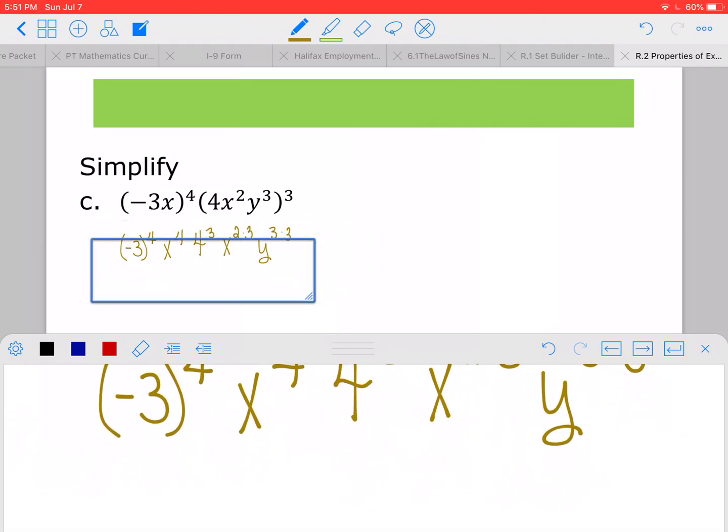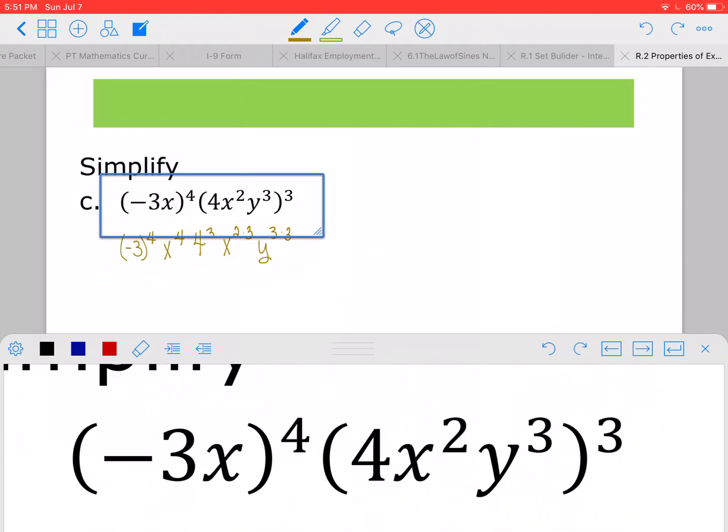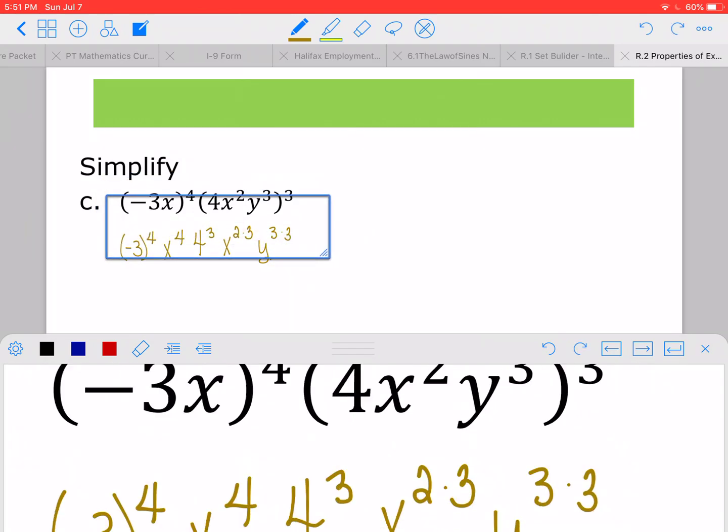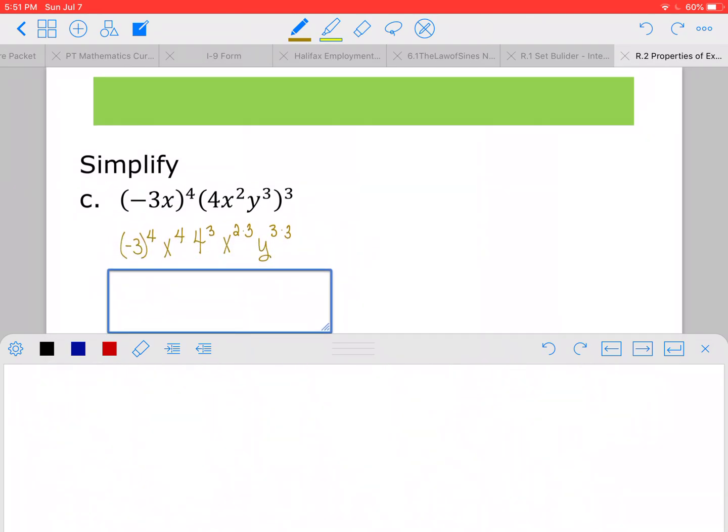Notice I put the negative in the parentheses here, and that's because it's in the parentheses up here. So we are raising to the 4th power the entire negative 3.